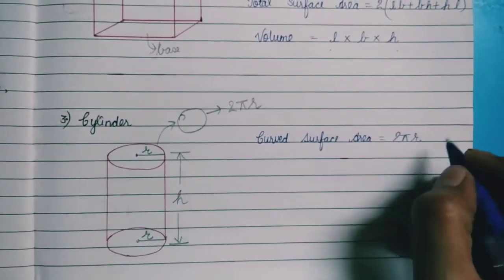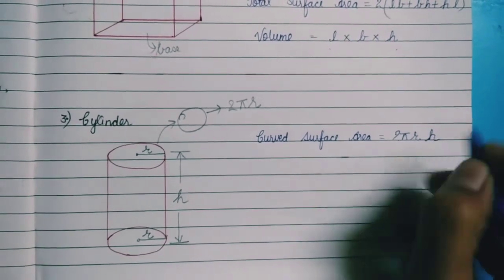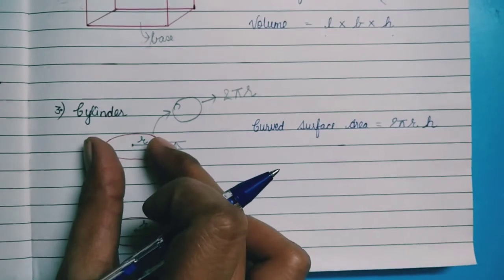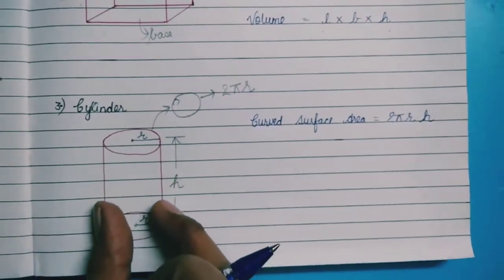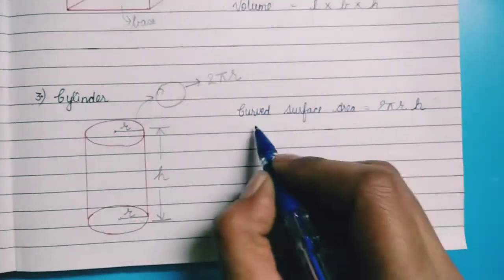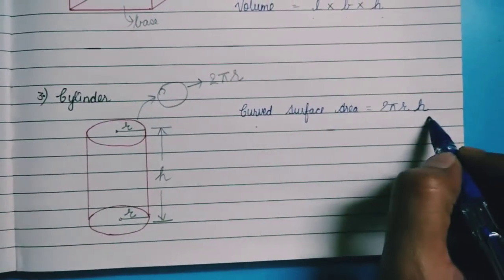But one more thing is here with height, because the same circumference, when starting from the top, is going on till the last one with the height. So curved surface area is 2 pi r h.